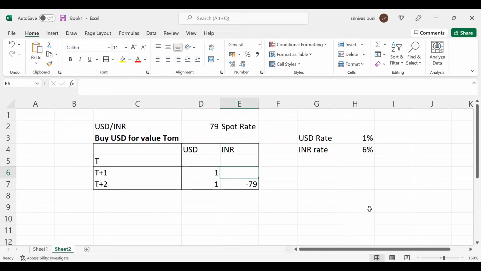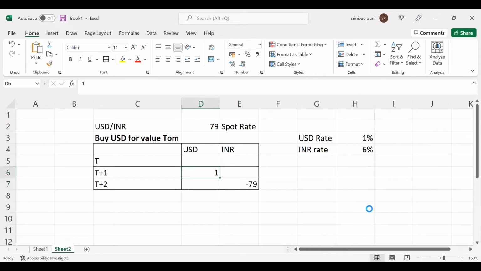Now, the question is this. As a buyer of dollars, what is my gain in this example? Instead of 2 days from now, I'm getting the dollar 1 day from now. In other words, I'm getting dollars 1 day in advance, T+1 instead of T+2.